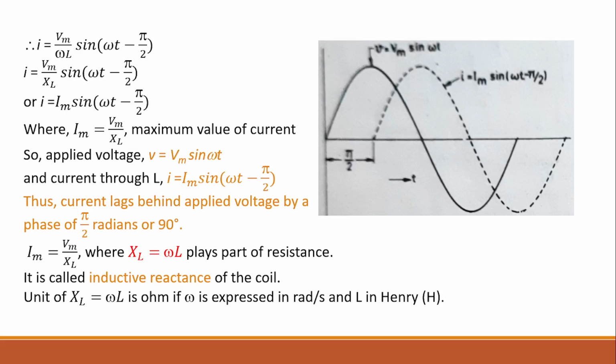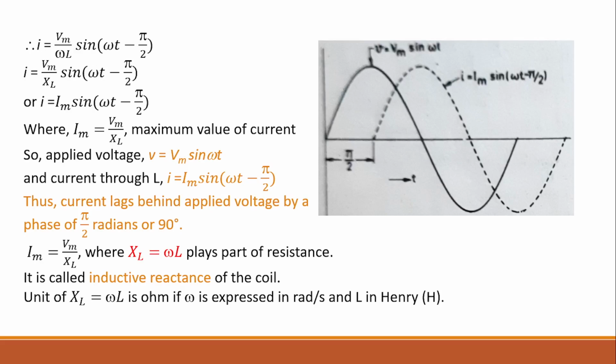The unit of XL is ohm, the same as the unit of resistance, if omega is in SI unit, radians per second, and L is in henry, again the SI unit of inductance. Thus we find that when AC voltage is applied to an inductance, the current through the inductance lags behind the voltage by pi by 2 radians or 90 degrees.